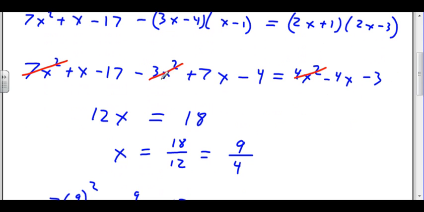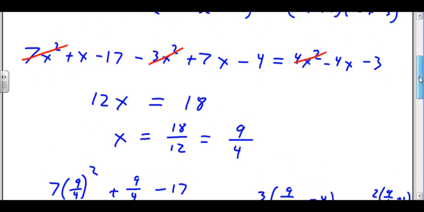That goes over there, gets rid of it. 7, 8, 12. That looks good. 17, 21. 21 minus 3 is still 12. All right, so 21 minus 3 is 18, right? 21 minus 3 is 18.